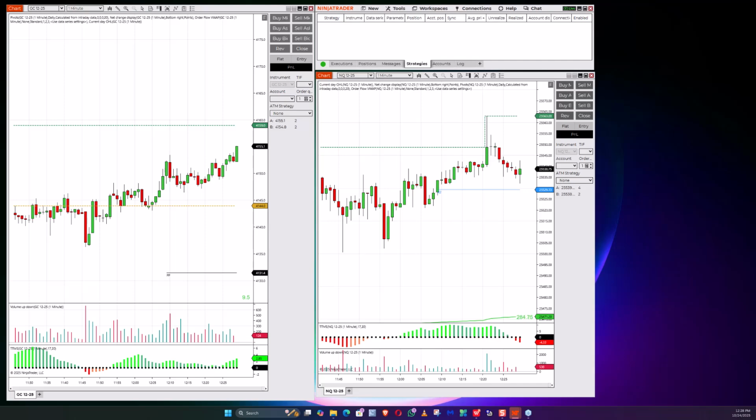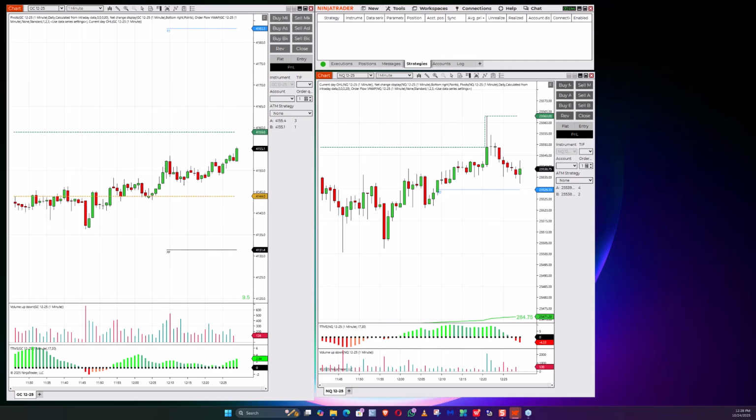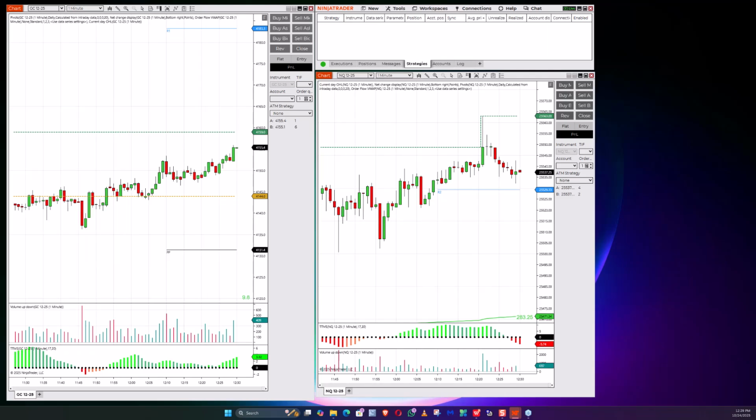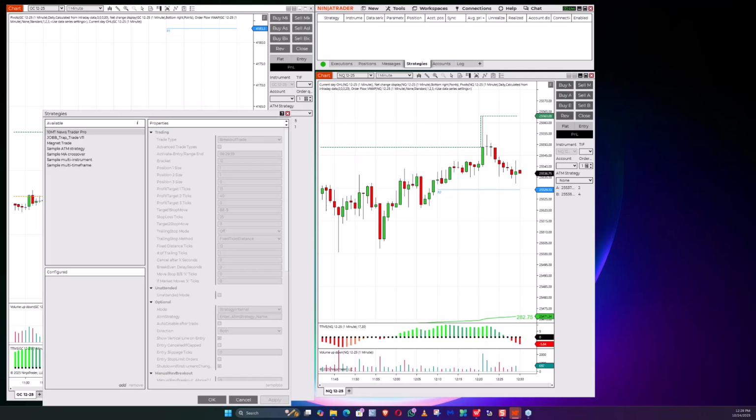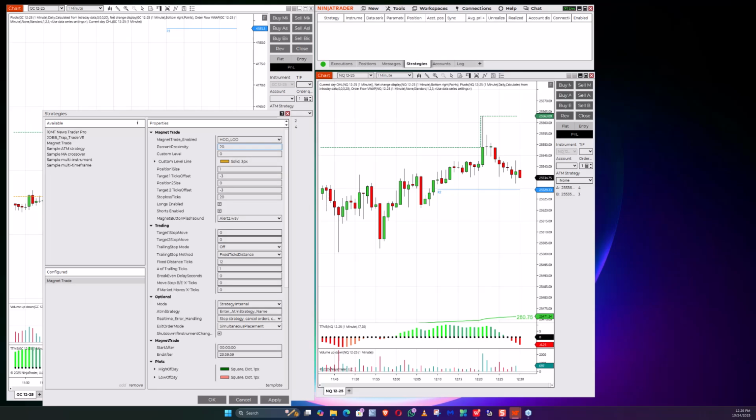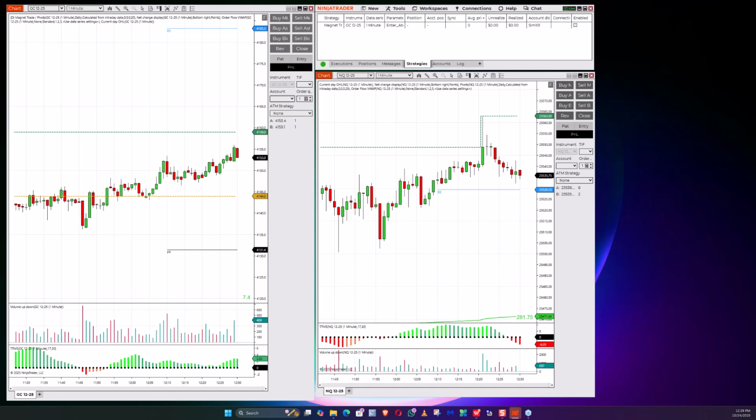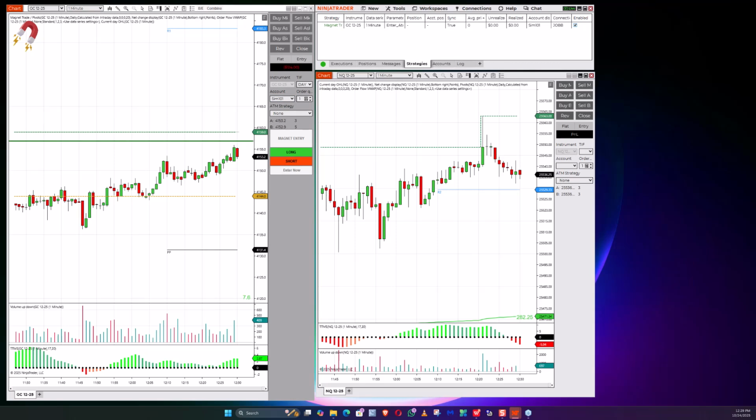Every instrument has magnets. And there are certain magnets that are better than others. So for instance, this green line is the high of the day. This gold is getting ready to do a magnet right this second. There's probably barely enough time to set up a magnet trade, but I'm setting it up as a default sim trade here, just to give you an idea how it works.